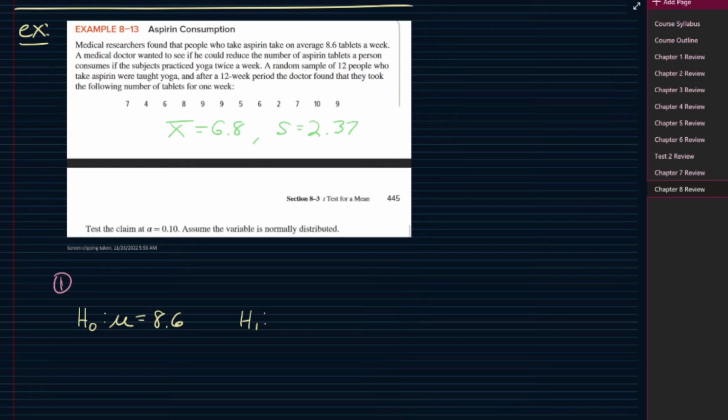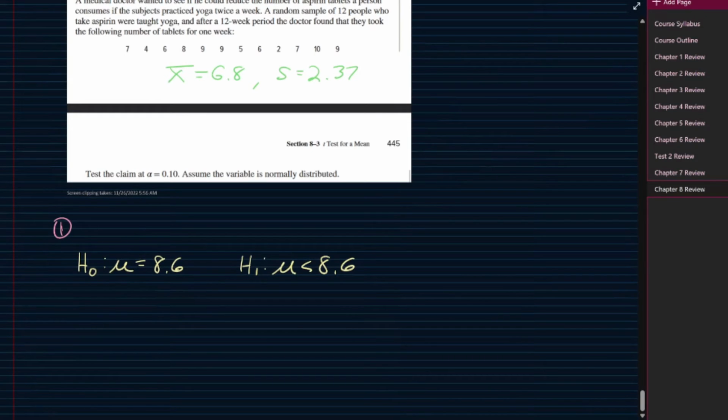So we're testing to see if it's going to be less than 8.6. See, because it says the medical doctor wants to see if he could reduce the number of aspirin tablets a person consumes if they practice yoga twice a week. So he's trying to test if the yoga actually does decrease it to a significant enough amount.